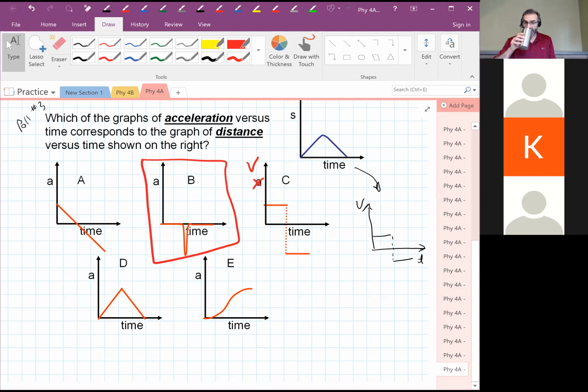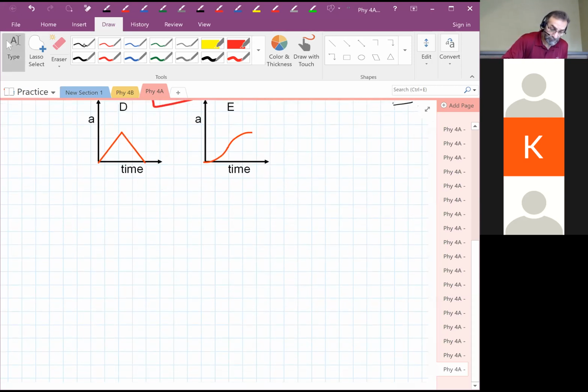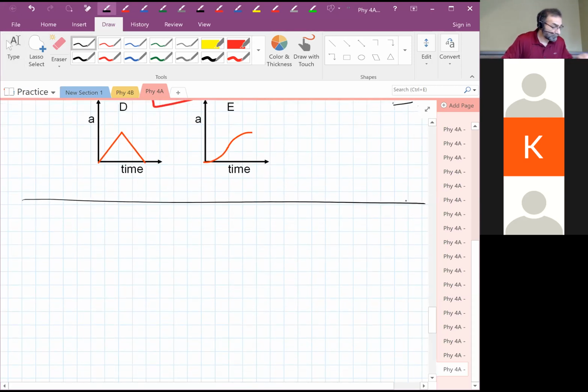So we want to do free fall. We've got this situation. In free fall, as I said, the only force acting on our object is gravity.